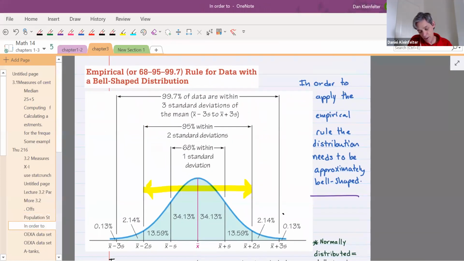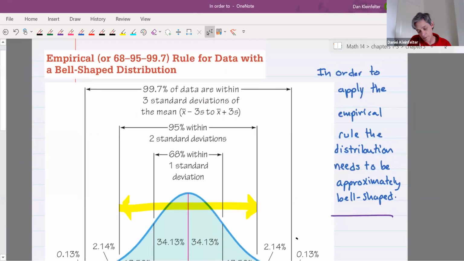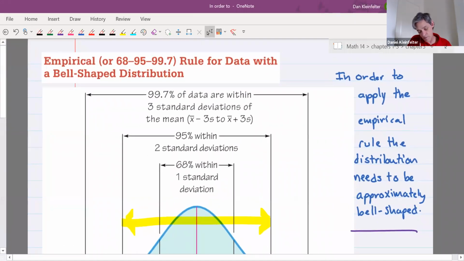Okay, all right, so the next part has to do with the empirical rule. This is kind of a big topic. We'll spend chapter 6 basically talking about this, and we're kind of warming up to the idea here. We saw in the discussion of the range rule of thumb that about 95% of the data lies within 2 standard deviations of the mean.